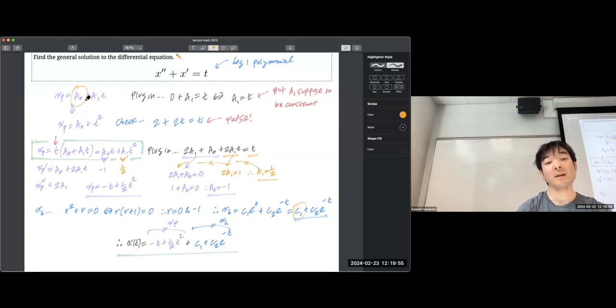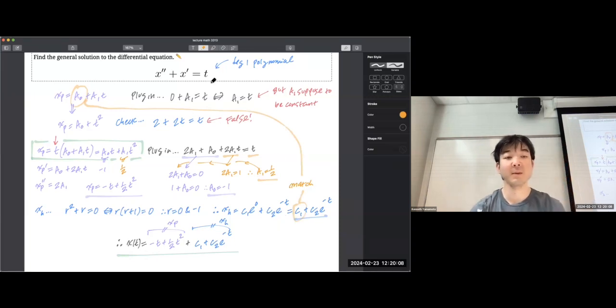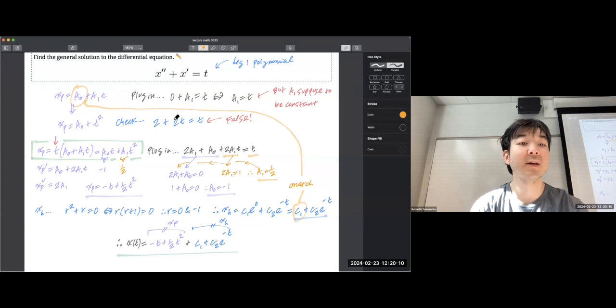In a way, this is like matching: there's a term in the particular solution that matches with the term in the homogeneous solution. Maybe I should have said this later, but it turns out there is always a pattern where if you have some term in your homogeneous solution that matches with your particular solution, then issues will arise.